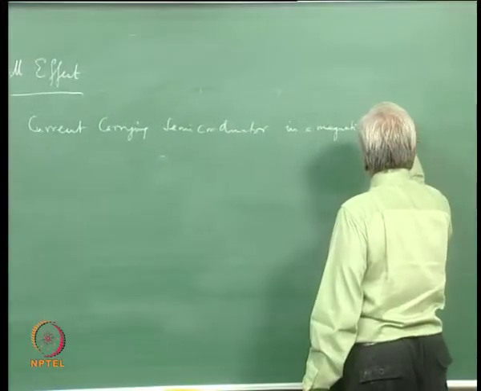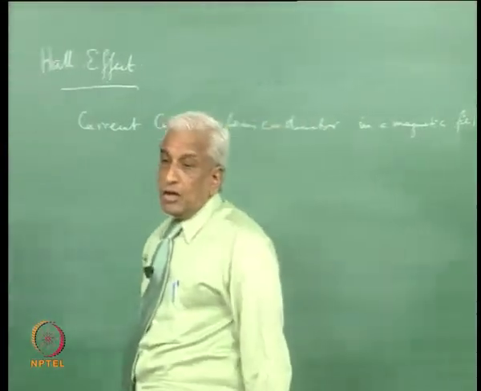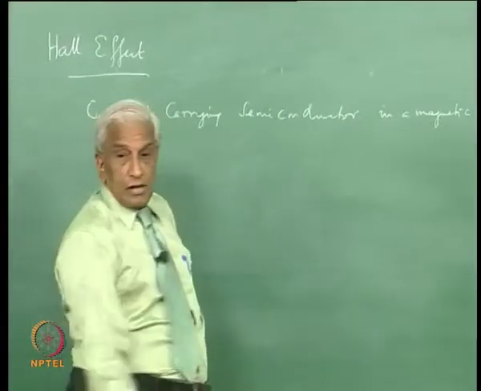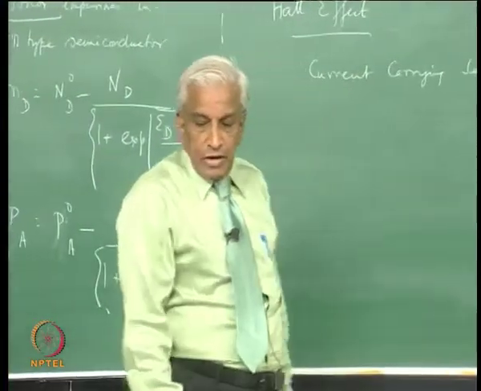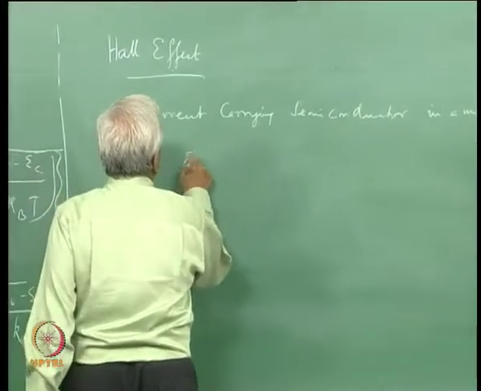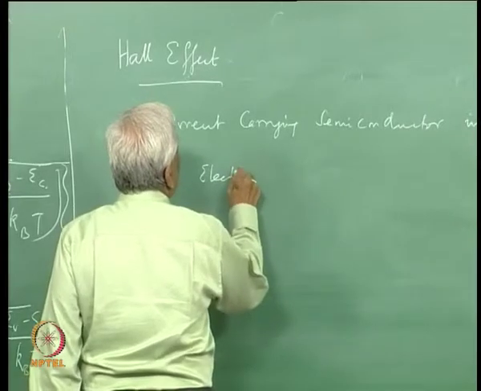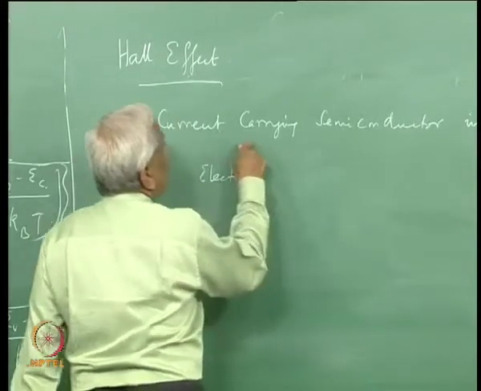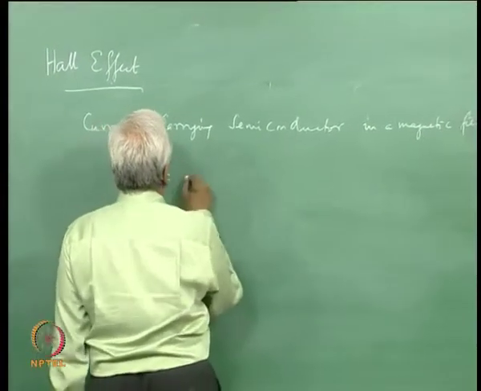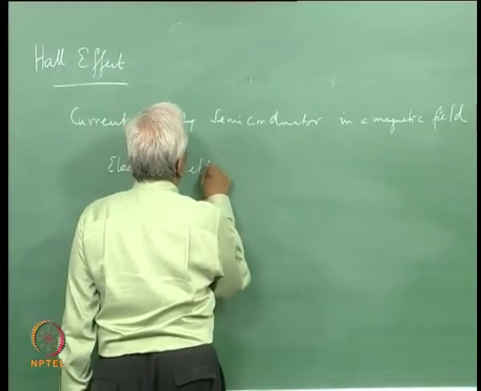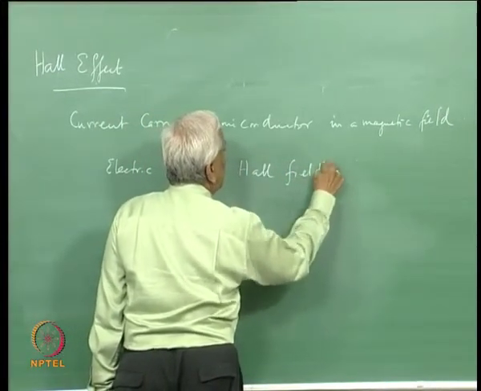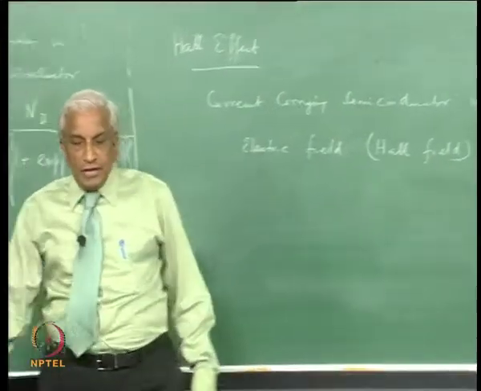So, because of the Lorentz force acting on a moving charge particle in a magnetic field, you get a lateral displacement of the carriers, and therefore, there is a field which is set up in the direction perpendicular to the direction of motion of the charge carriers and the direction of the magnetic field. So, this field is known as the Hall field, and the setting up of this is known as the Hall effect.